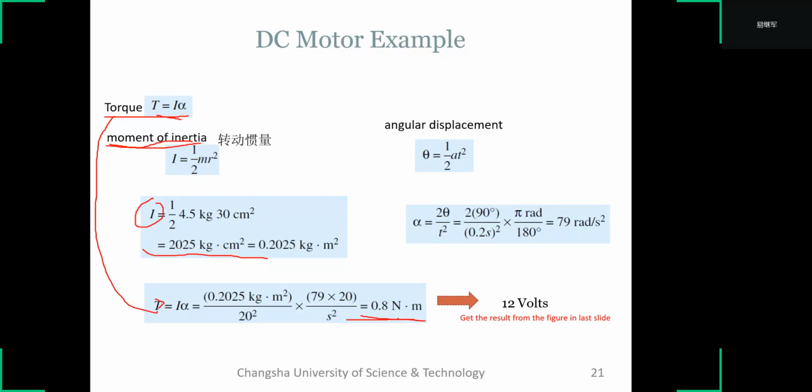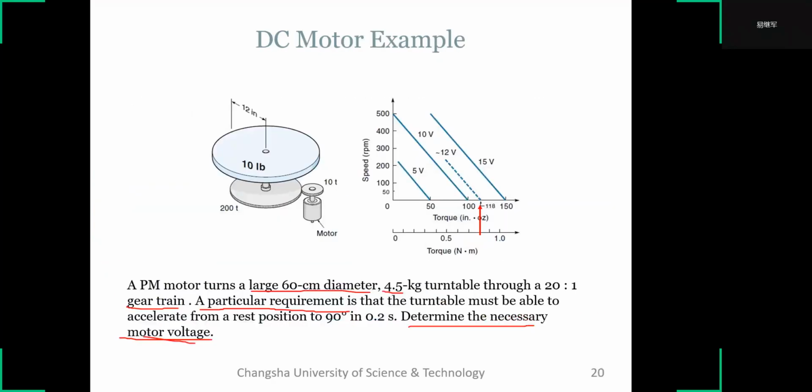Using the result from the figure in the last slide, when the torque is 0.8 and the speed is 0, the voltage is 12.